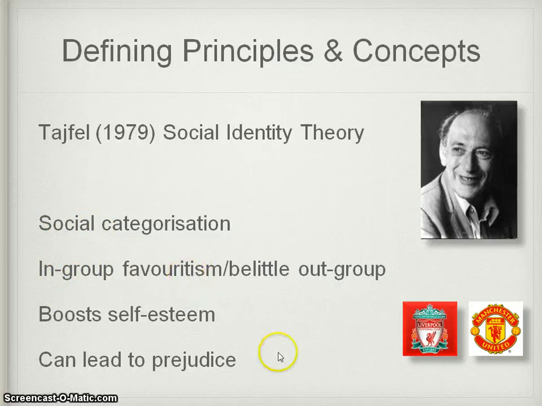So whenever we see someone with a Liverpool shirt on, we favour them. But if we see someone with a United top on, then we belittle them and we see faults in them that we wouldn't see in the Liverpool fans. And the reason for this, the psychological component to this, is about self-esteem.